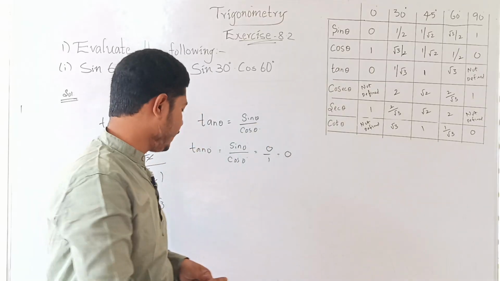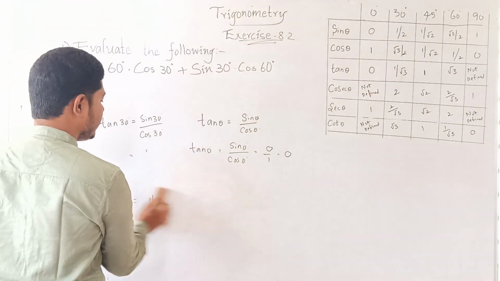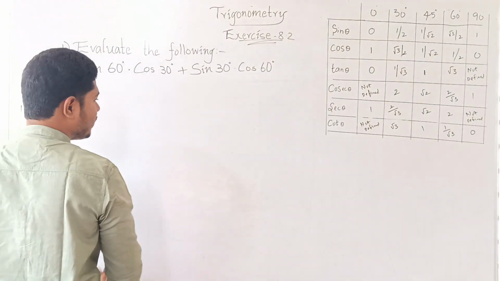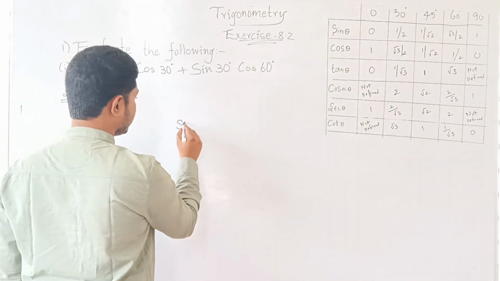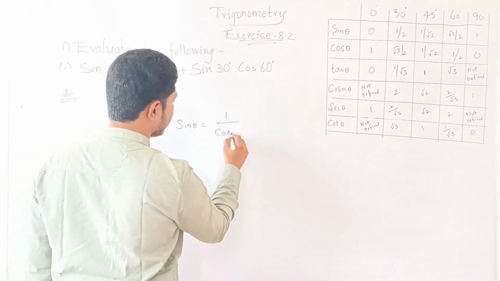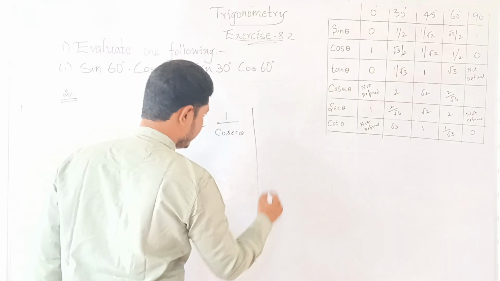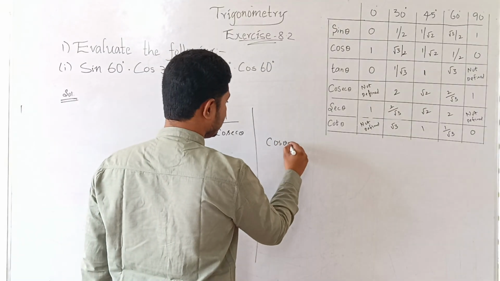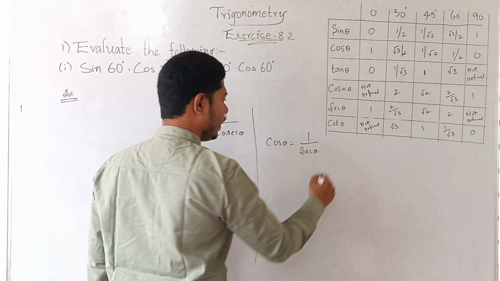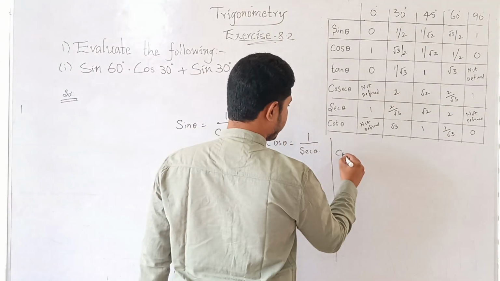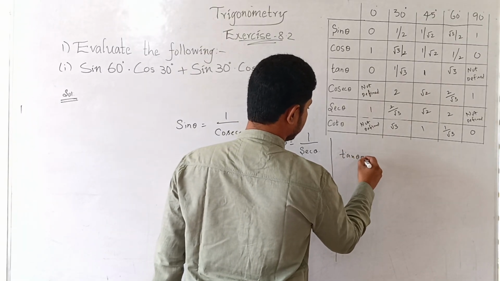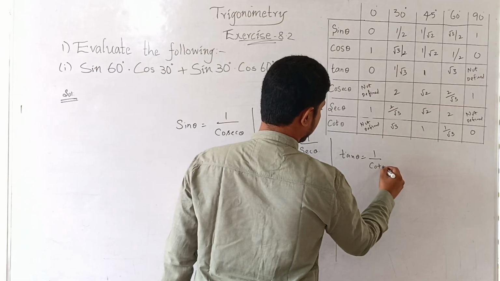How to find cosecant theta? Cosecant theta is the reciprocal of sine theta. Sine theta is equal to 1 by cosecant theta. Cos theta is equal to 1 by secant theta, and tan theta is equal to 1 by cot theta.